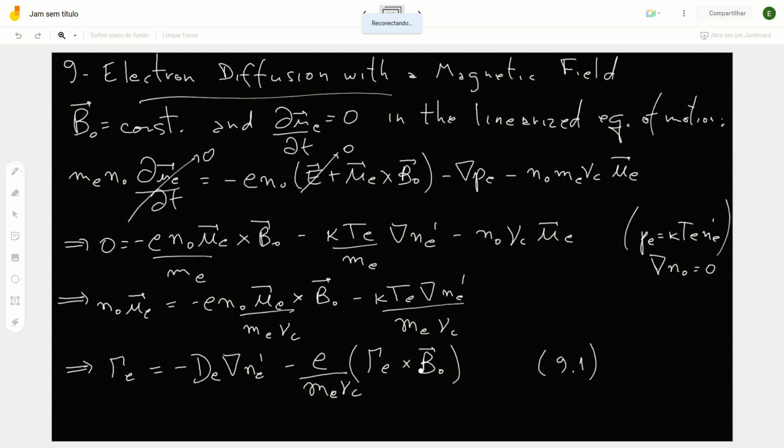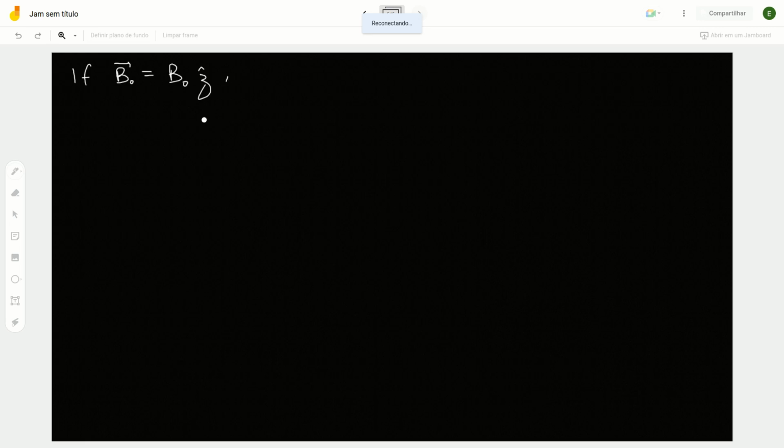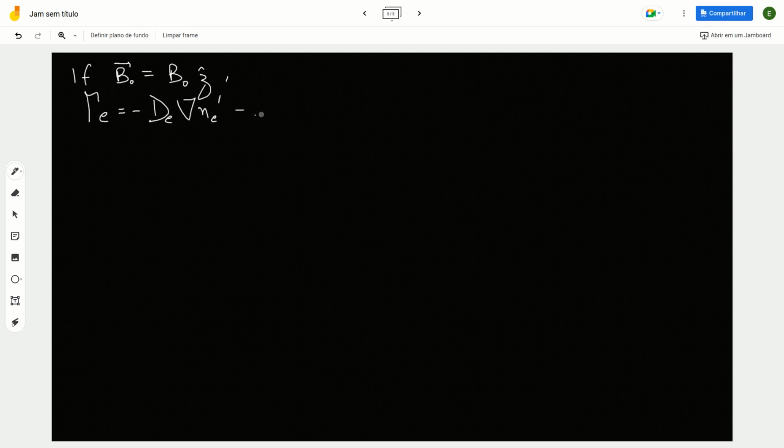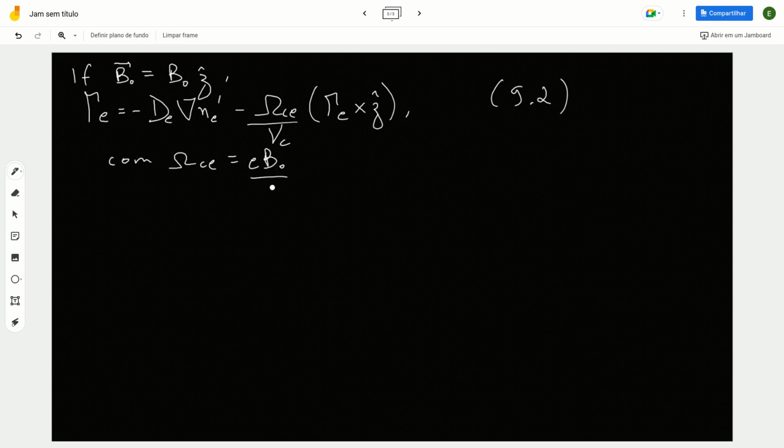Then we have B0 times Z. So in this case, we can write gamma E is equal to minus dE, gradient of Ne prime minus the electron cyclotron frequency over collisional frequency times gamma E cross Z. And here, just to remind you, this is E B0 over ME.